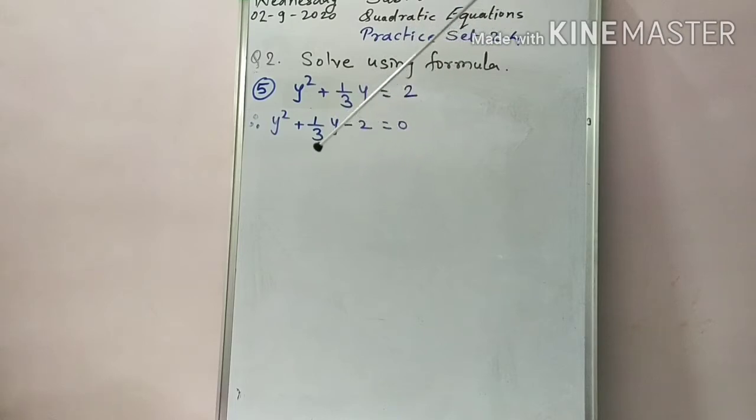So first what we do here, we eliminate this denominator 3, and to eliminate that 3, you have to multiply both sides by 3.